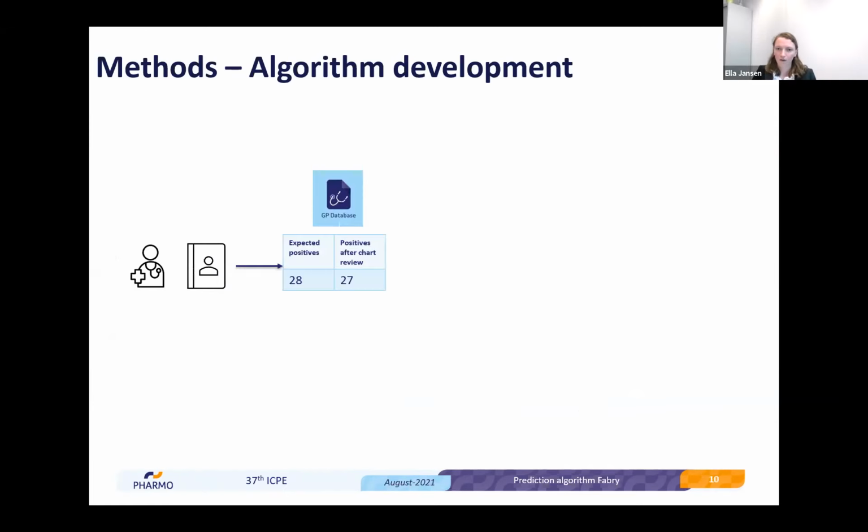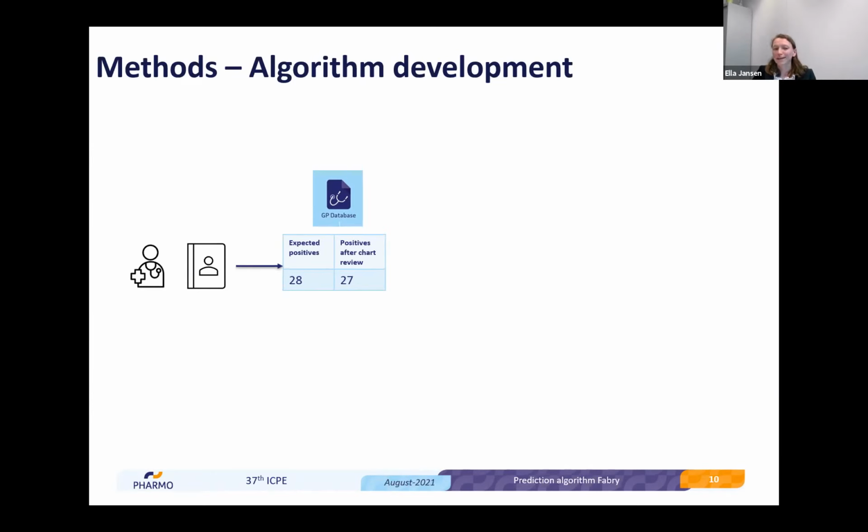Okay, so then going back, from the application of the model on the GP database, a number of patients were selected. In total, 28 patients were marked as likely of Fabry. The involved specialist listed 27 of these patients as indeed likely of Fabry and one as a possible Fabry patient.